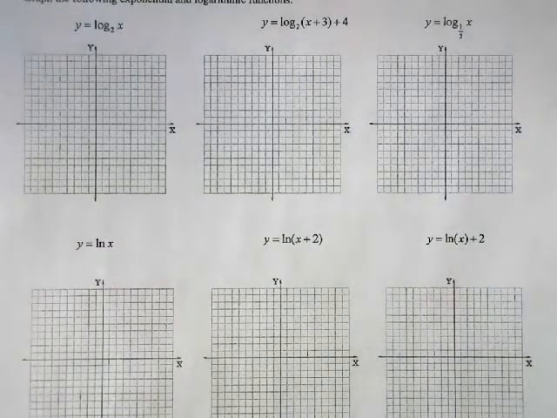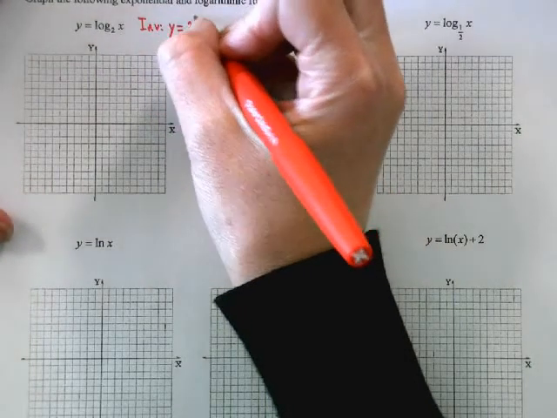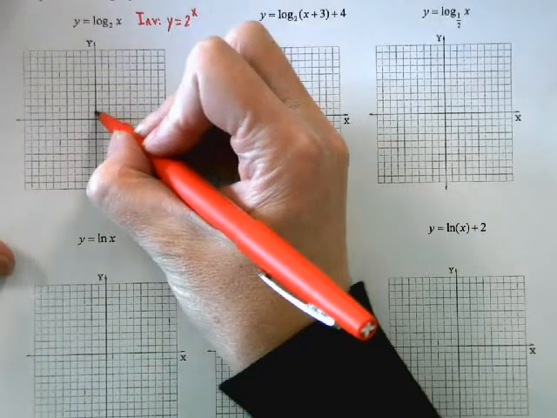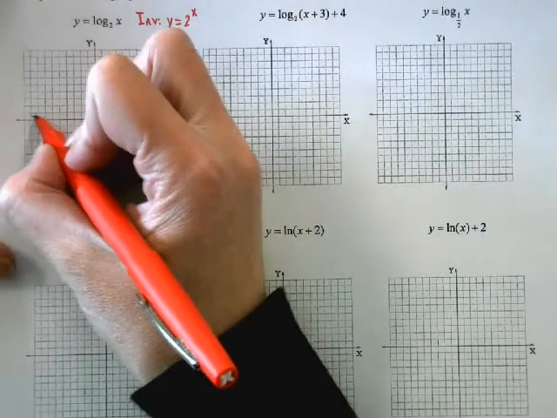So the first one we're going to graph is log base 2. So this is going to be the inverse of y equals 2 to the x. So I'm going to graph 2 to the x because we know what that looks like. Crosses at 0, 1, 1's at 2, 2's at 4.